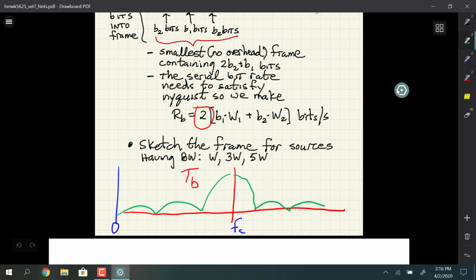And we know that the nulls in that spectrum are going to be at FC plus 1 over TB and FC minus 1 over TB. And the total bandwidth occupied by that is roughly 2 over TB, or twice the serial bit rate.